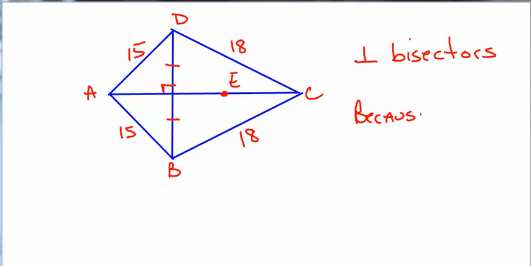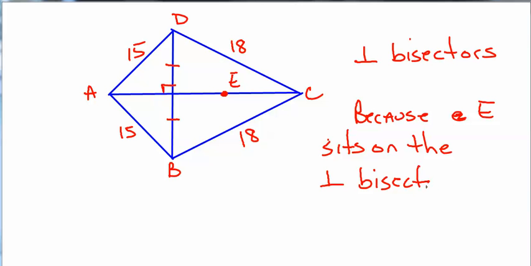Because E sits on the perpendicular bisector of AB. Yes, you were. E is the same distance from D as it is from B, isn't it? Because it sits on the perpendicular bisector AC.